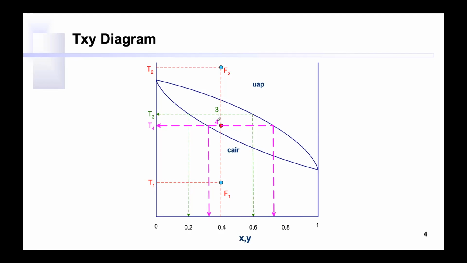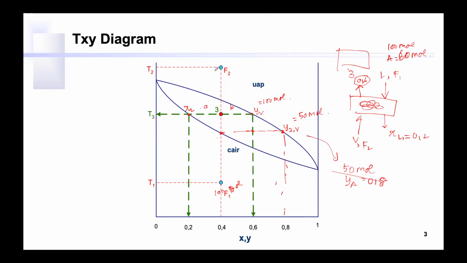Because in the lever diagram, this is the amount of the vapor compared to the liquid. So the trade-off is, if you want a high composition of A, you cool it down a little bit, but then the vapor is very small.